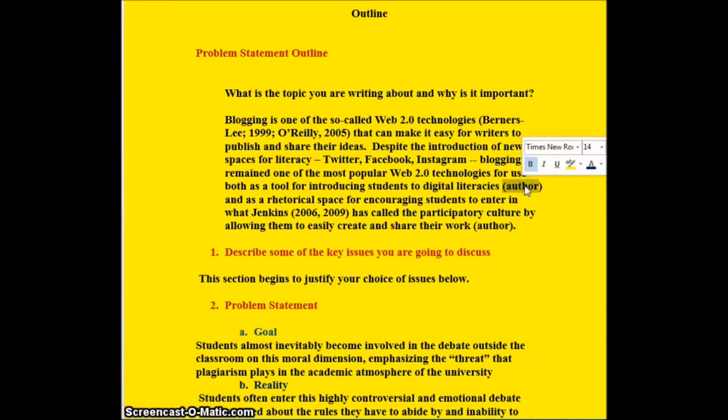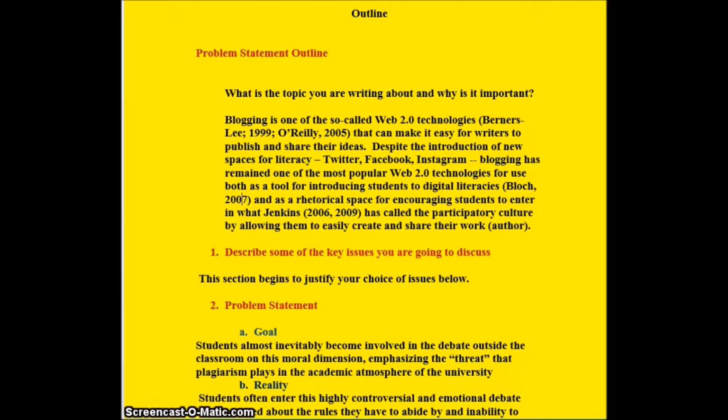who happens here to be me. I don't need my name, but I put my name in. So I said that, okay, in 2007, and as a rhetorical space for encouraging students to enter in what Jenkins calls participatory culture. Now, since here I'm using a very specific term that Jenkins has used in these two books, I have to cite Jenkins here, by allowing them to easily create and share their work.